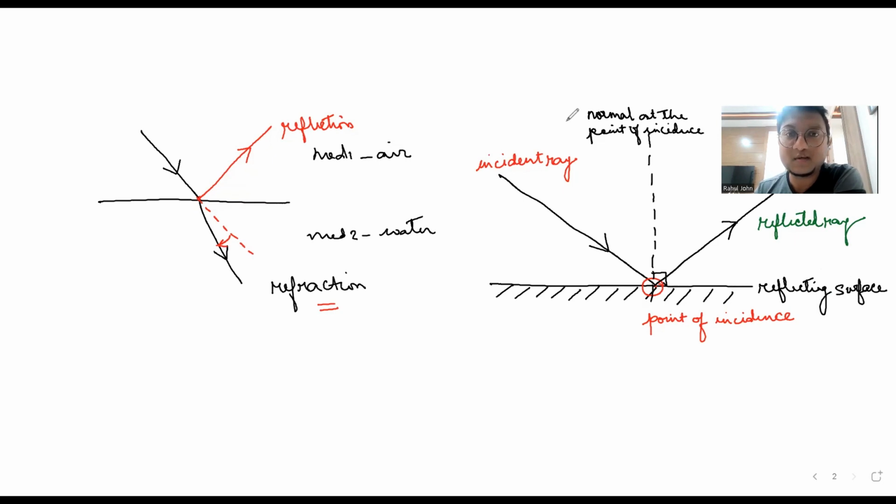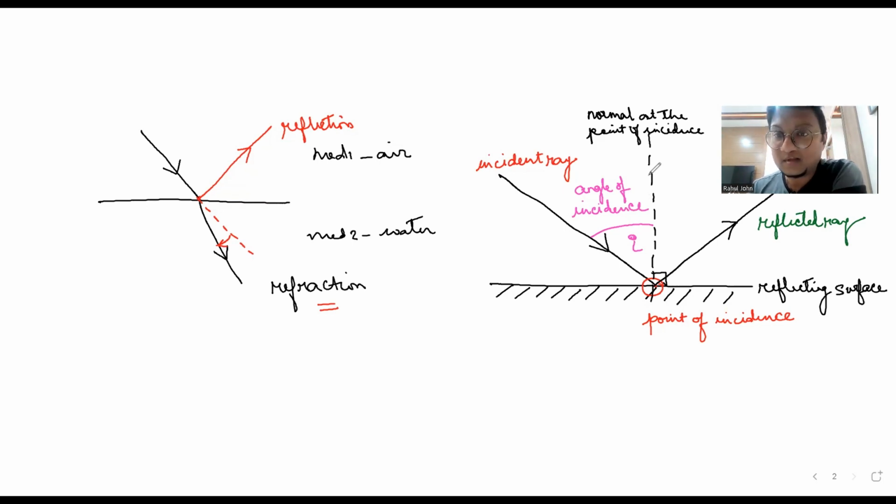Right? And the geometrical angle between the incident ray and the normal at the point of incidence is called the angle of incidence, and it is denoted by the letter i.